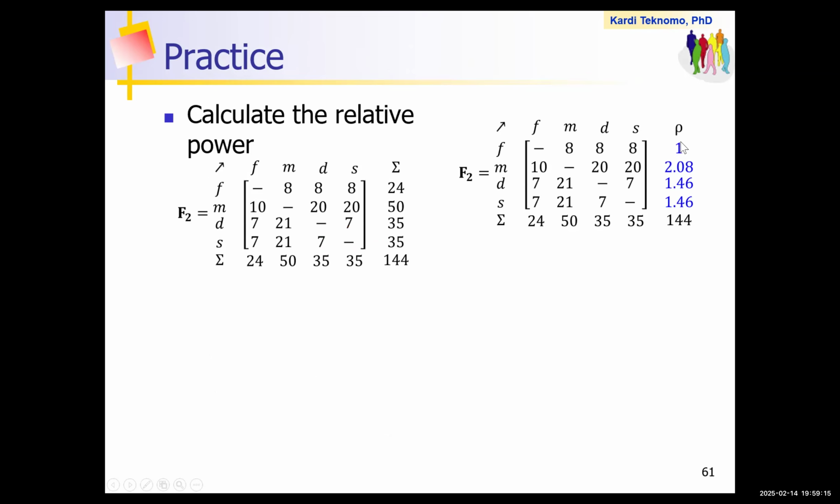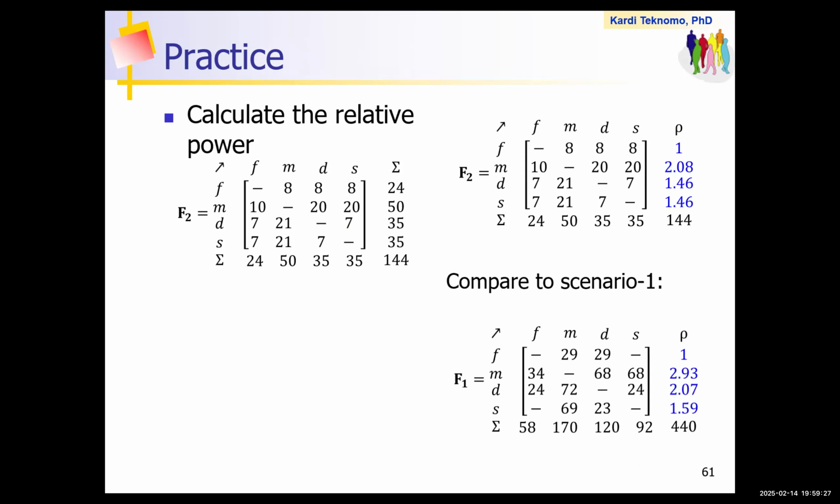The father is still the weakest. The mother has 2 times, almost 50% higher influence in the middle ground. So compare scenario 2 to scenario 1. This is my scenario 1. This is the power. If you run it, they are the same. But if you look at the power of influence, the relative power here is not the same.